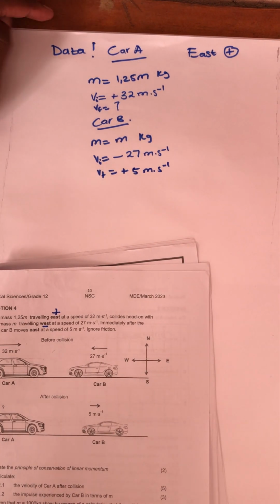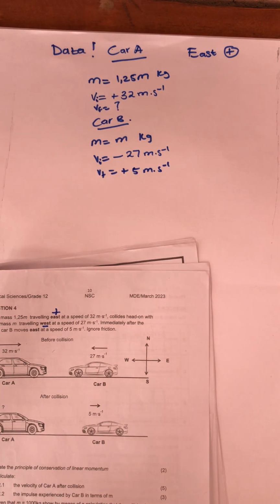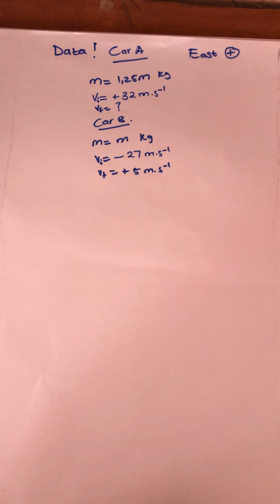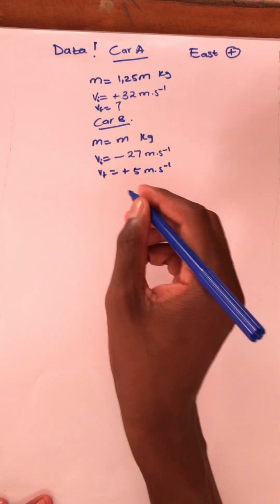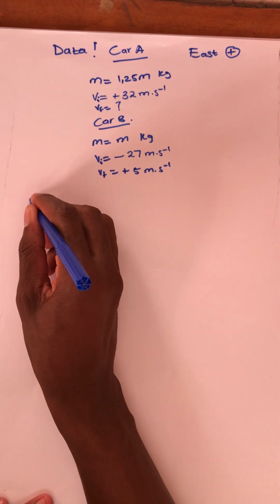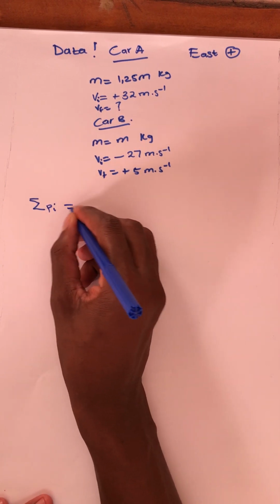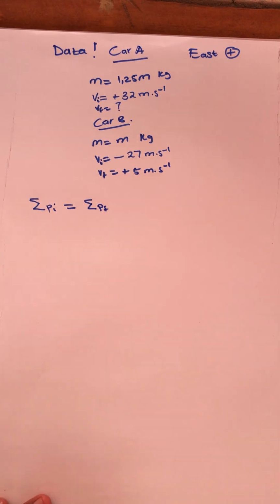Now the question says we are looking for the velocity of car A after the collision. Since we're talking about the conservation of linear momentum, the sum of momentum initially is equal to the sum of momentum final.